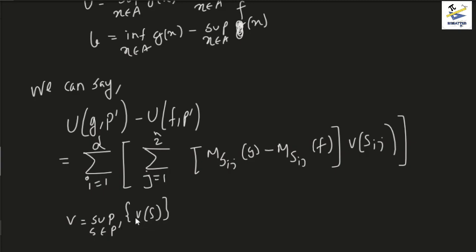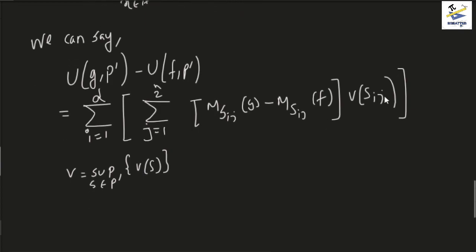So v represents the highest number of volumes here, where v is defined as follows. We use v here like this. Okay, so it's basically the least upper bound of the volumes of the subrectangles of p prime.